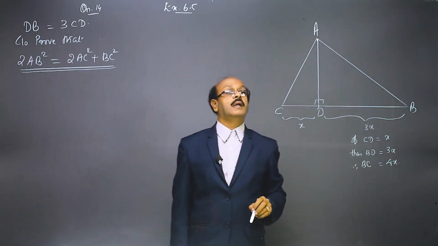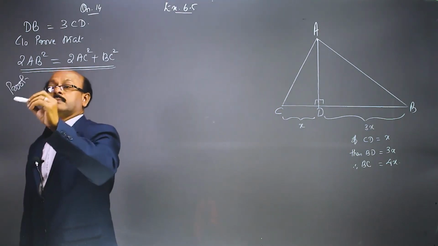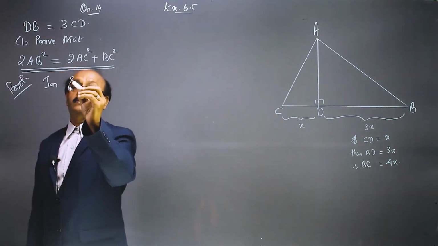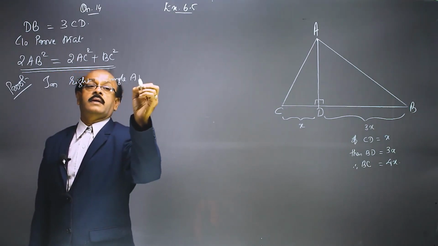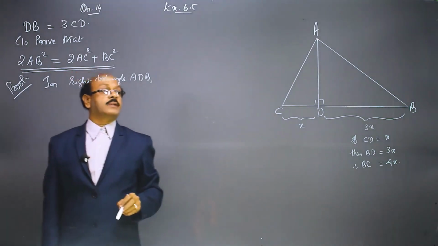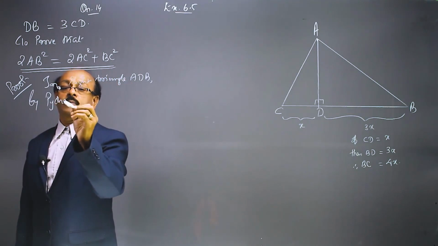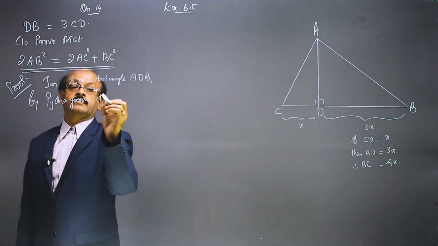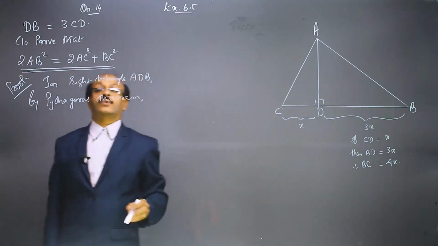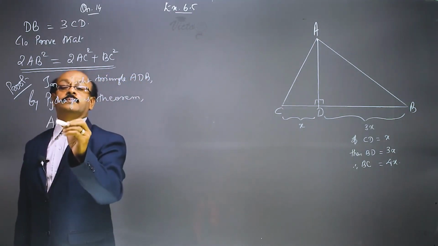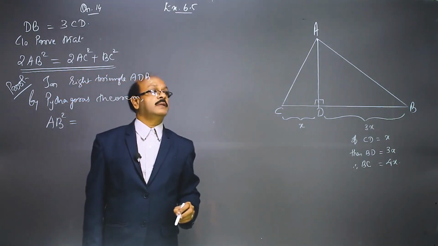In right triangle ADB, by Pythagoras theorem, we are getting AB square is equal to BD square plus AD square.